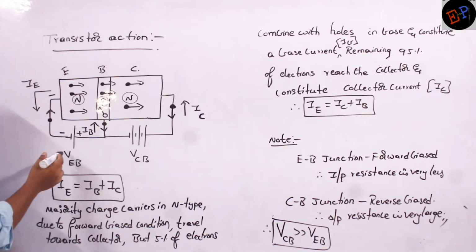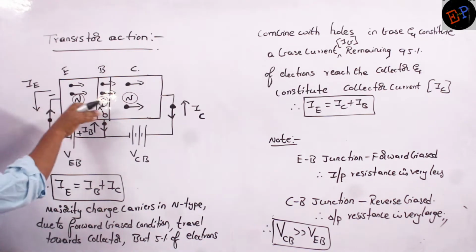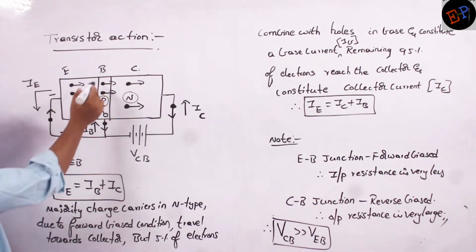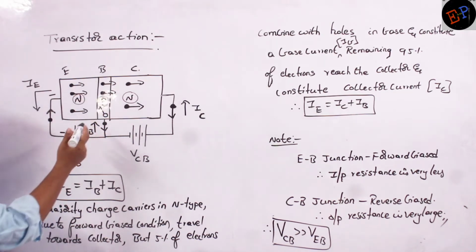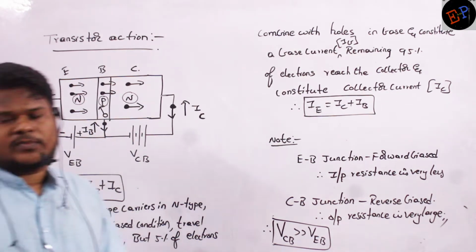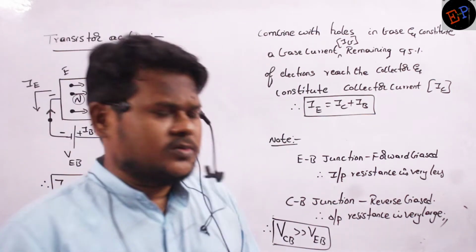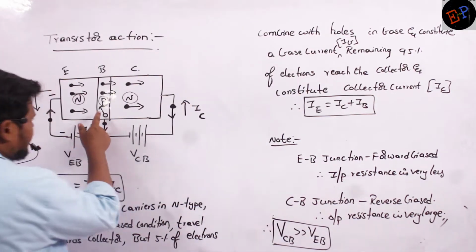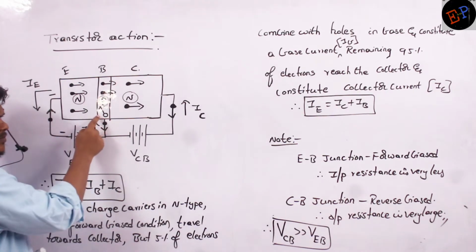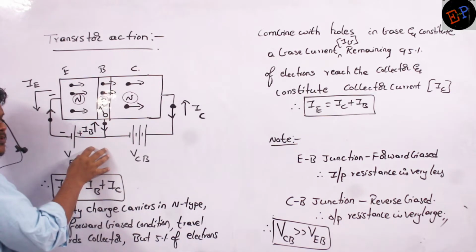It will push the electrons towards the base. And what is the nature of the base? Base is lightly doped. And here what kind of material have we taken? P-type. P-type means the majority charge carriers are holes.